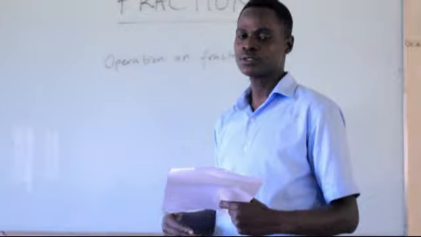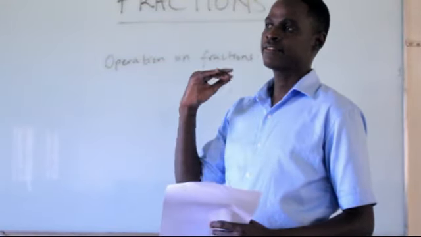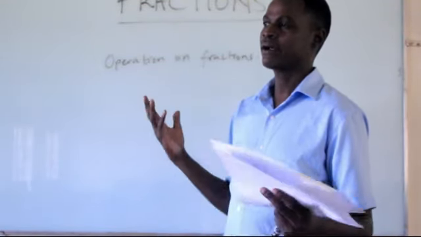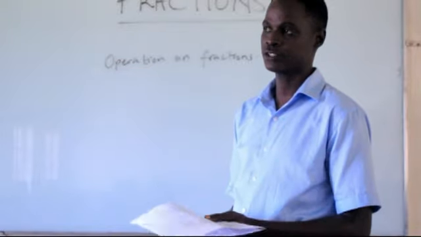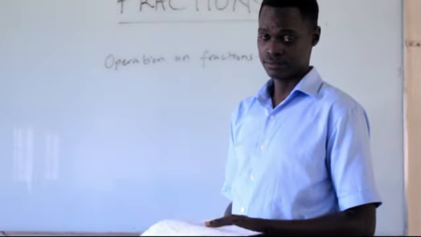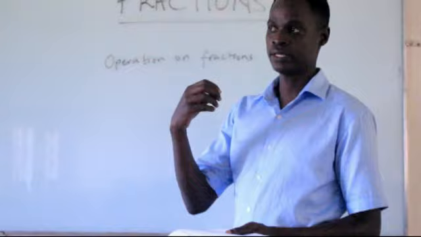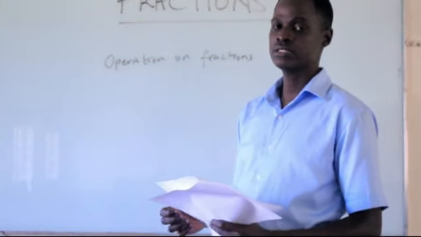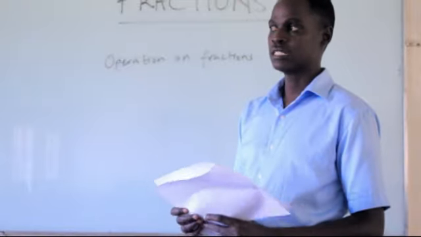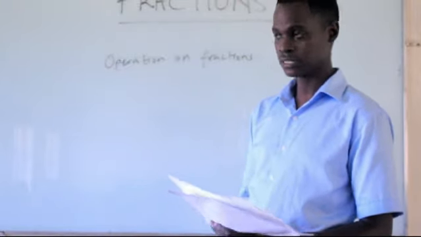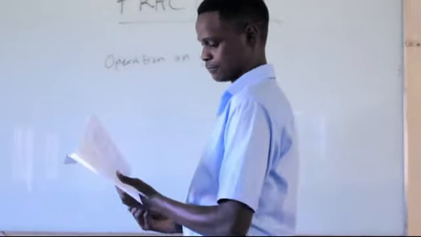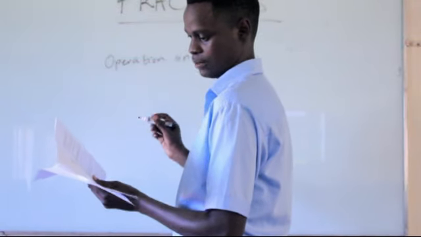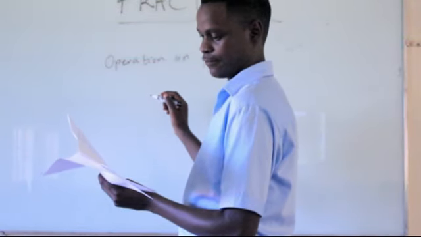So I want to give you a task of thinking, what do we mean by operation? We have different types of operation on numbers. We can do an operation called addition, subtraction, multiplication, and division. All those are operations on numbers. So we can start with a few operations.